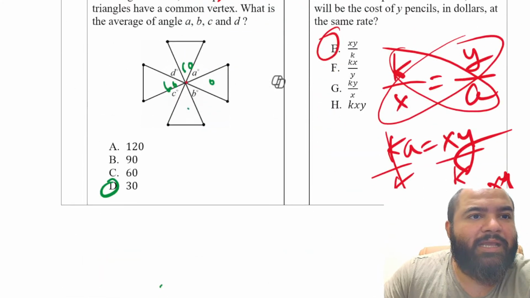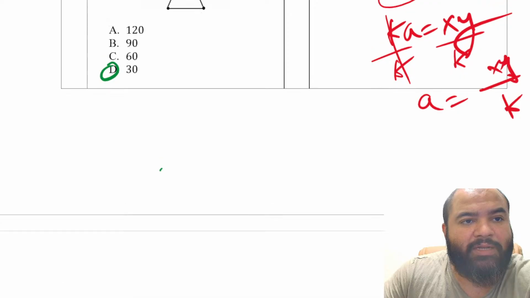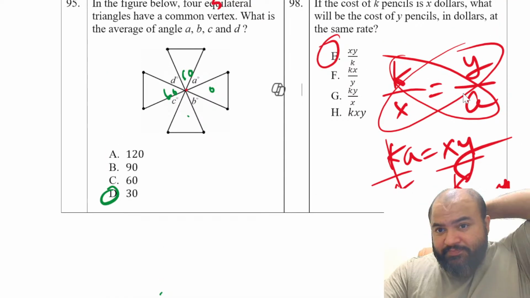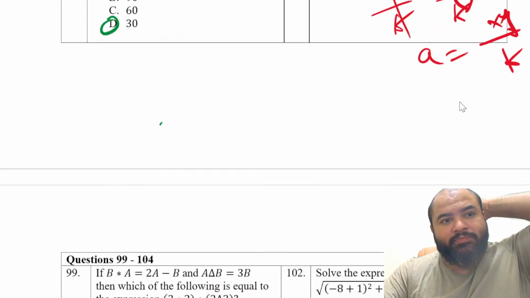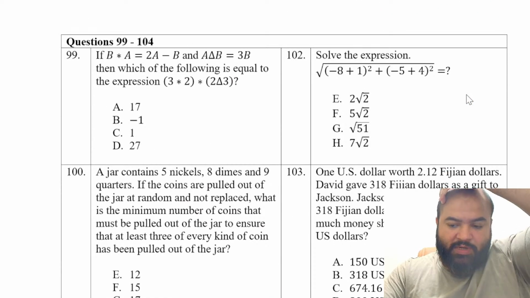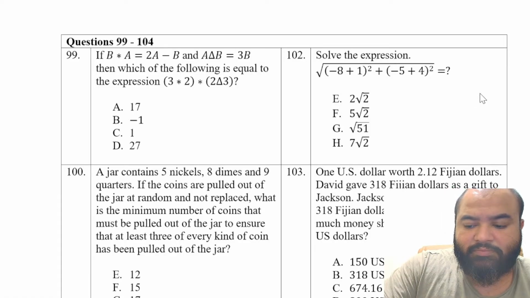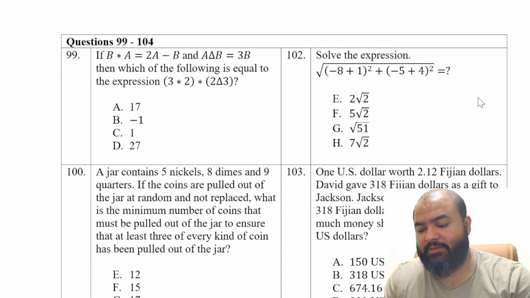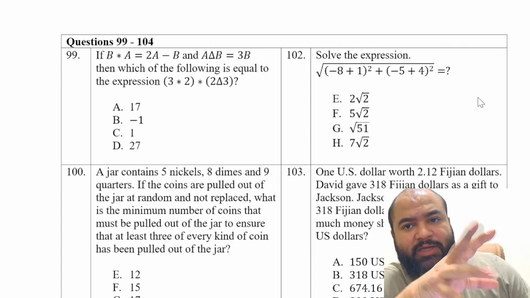Oh, I put A again there because what happened is I picked a random letter. So 99, anyone needs help? Yeah, 97, I will do it again. You can also go back to the video and look at it again. This video is going to be saved.